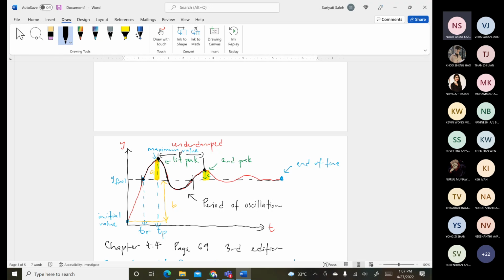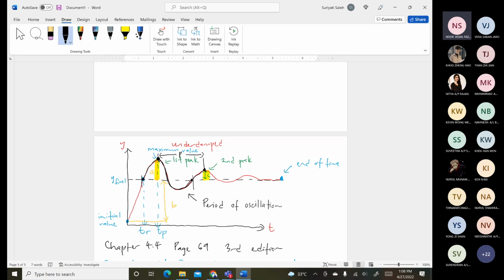So you subtract the times, and then you get the period of oscillation: how long it takes to complete one cycle of response. This cycle can start from the final value to another final value, or from the first peak to the second peak.